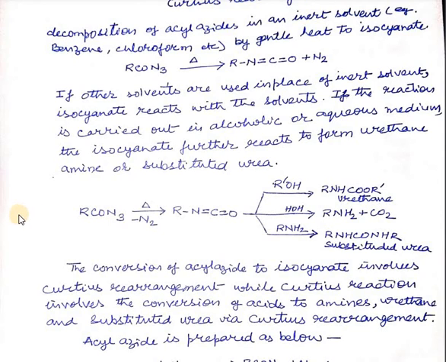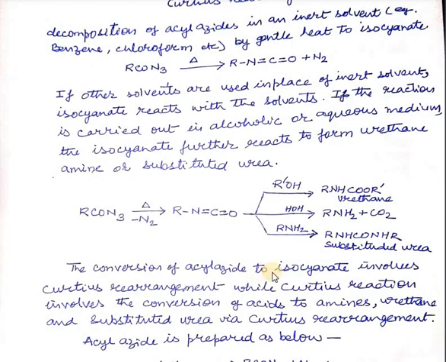So the whole reaction, the conversion of acid to acid azide, and this acid azide to isocyanate, and isocyanate further reacts to give this urethane, urea, substituted urea or amine. This whole reaction is called Curtius reaction, while this fraction of the reaction in which this azide is converted into this isocyanate is called Curtius rearrangement. This has been written here.